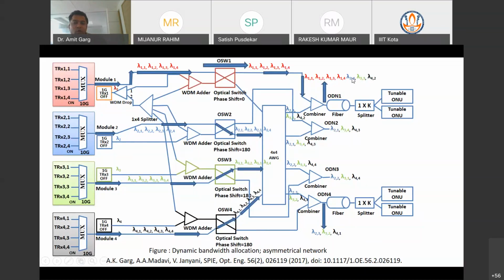One wavelength from module 2 will be here, one wavelength from module 3 will be here, and one wavelength from module 4 will be here. So basically we are receiving a total of 7 wavelengths. In this way we can provide services up to 70 Gbps to a particular distribution network with this architecture.